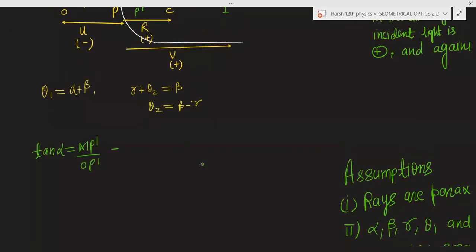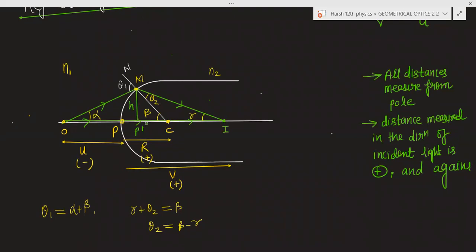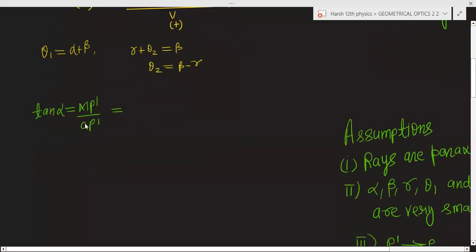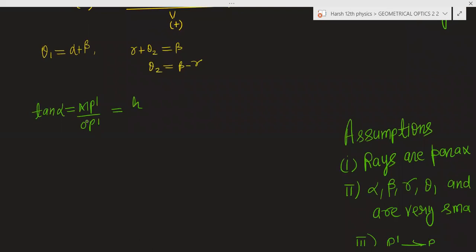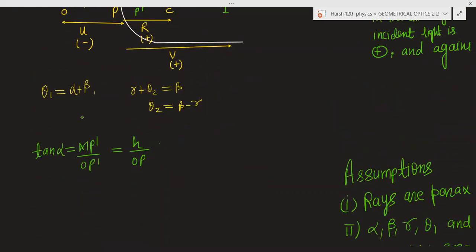Consider MP dash as H, so this is H by OP. Now OP is minus U, so H upon minus U, it will become minus H upon U.